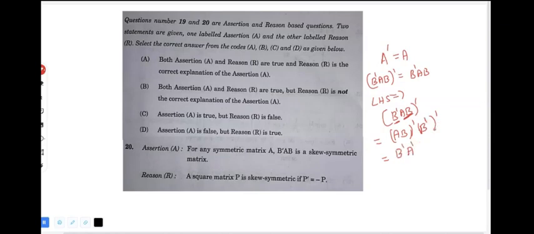Then B dash of dash will be B itself. So we get here B dash of A dash into B. So now we know that in the first one we have written A dash is A. So we'll write B dash of A into B.